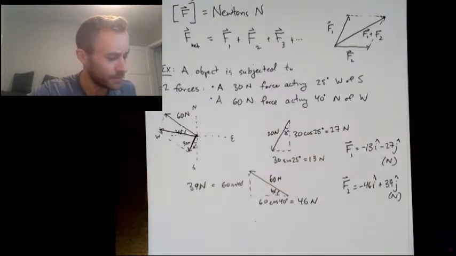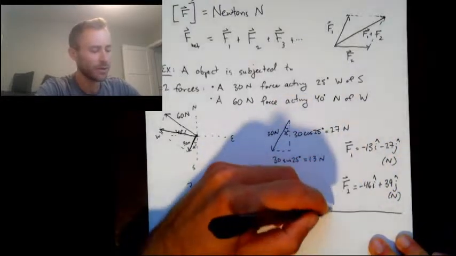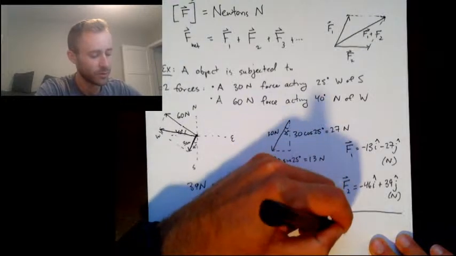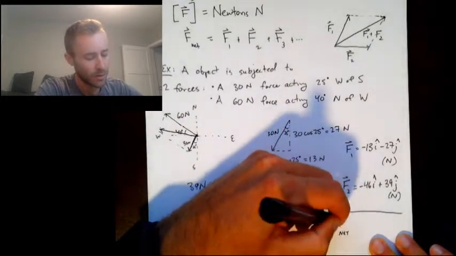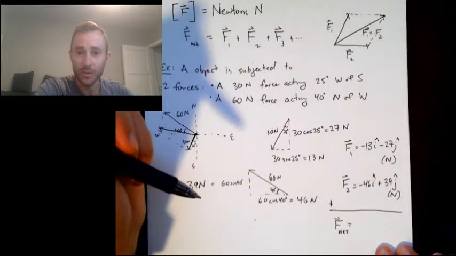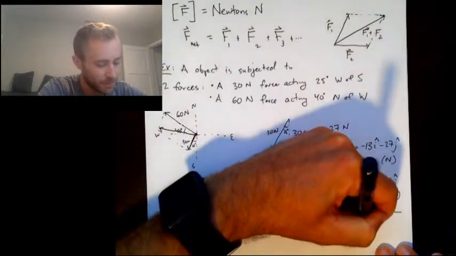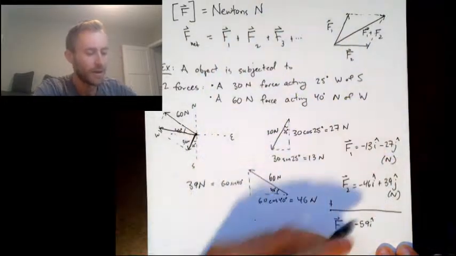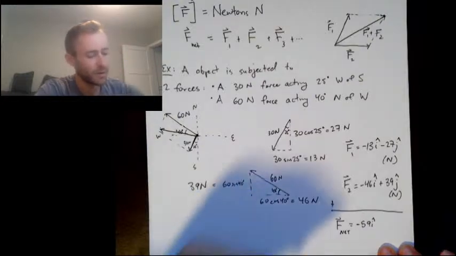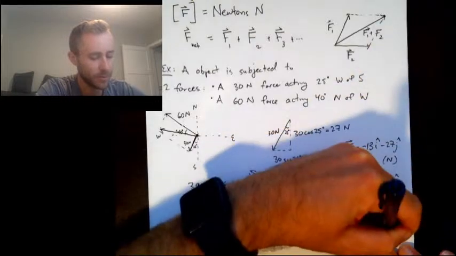So now what I can do is go ahead and add these together, assuming that these are the only two forces. If I want to get the net force, I would add these two together. Adding the i components would give me minus 59 i hat, and adding the j components is going to give me 12 j, and that's measured in newtons.